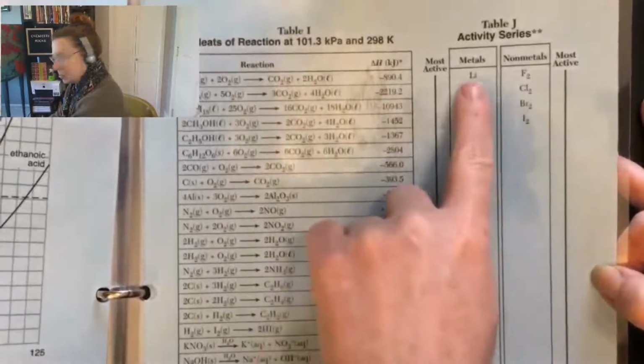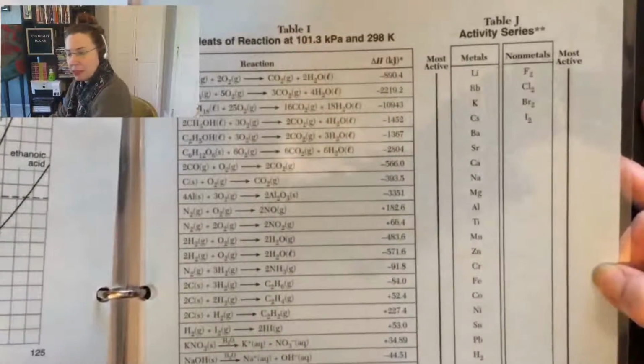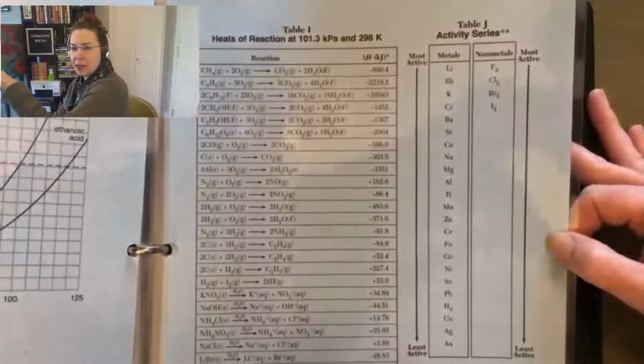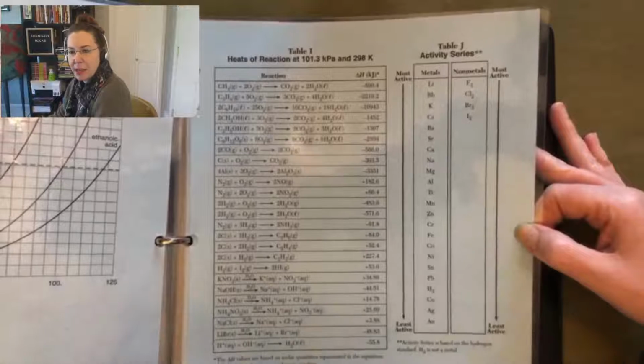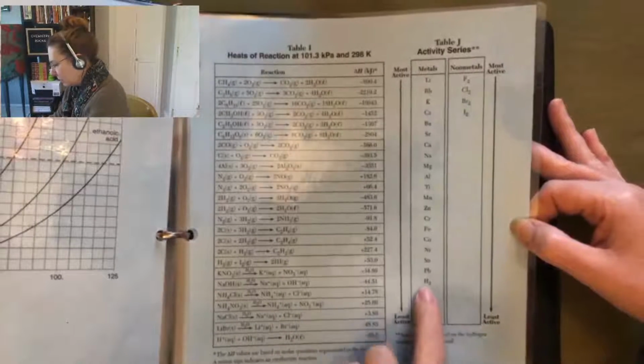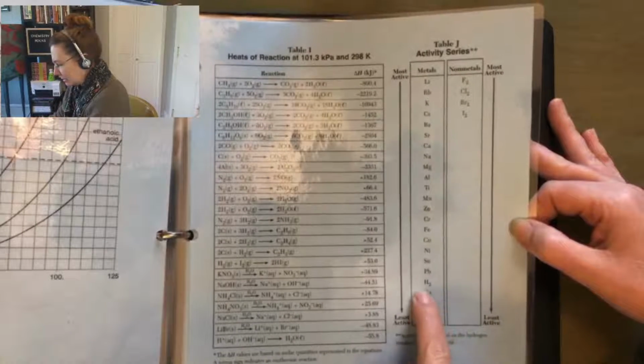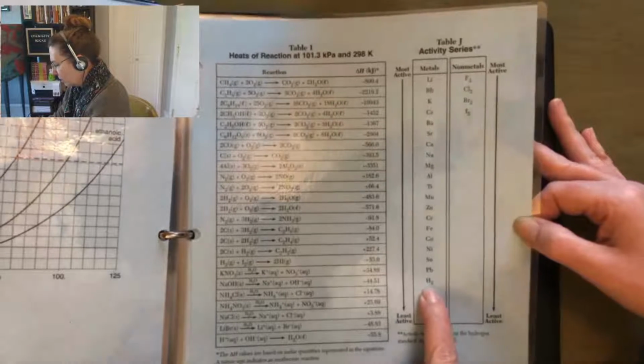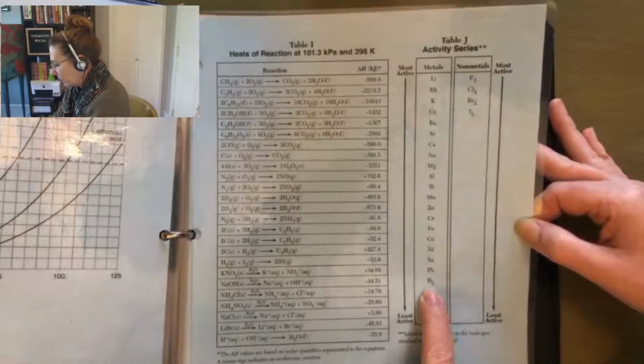When we're looking at that, the thing to remember is that your most active metals are at the top, your least active metals are at the bottom. And when we're talking specifically about acids, it's this hydrogen down here at the bottom that we need to watch for. So if a metal will react with an acid, it has to be above that hydrogen.